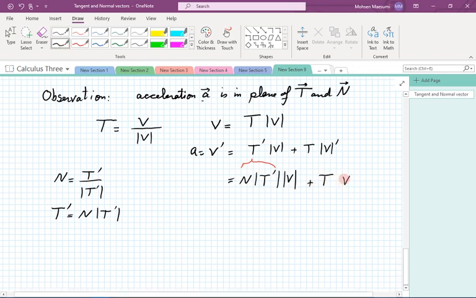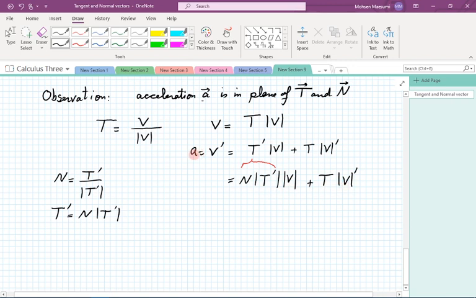We are essentially done. This looks rather cryptic, but actually what we have is the normal vector times some number, which is actually a positive number. And here is the unit tangent vector times something else.